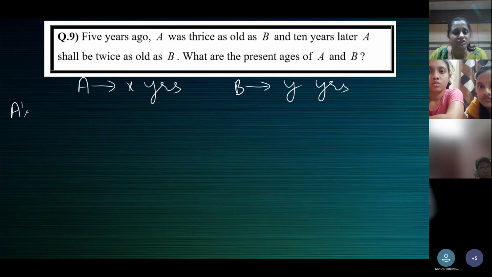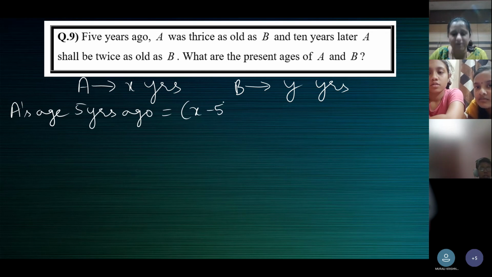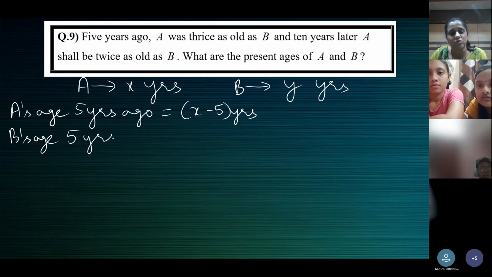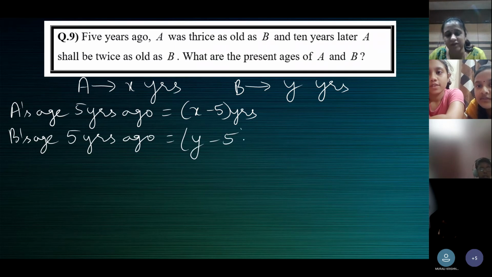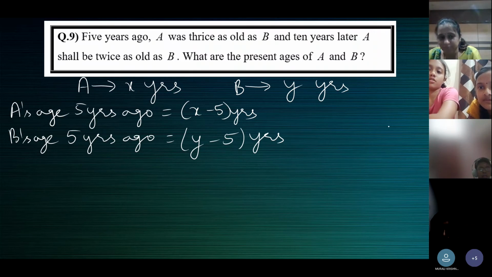So A's age 5 years ago would have been X minus 5 years. Similarly, B's age 5 years ago would have been Y minus 5 years. It's not 5 minus X. It is X minus 5 and Y minus 5.